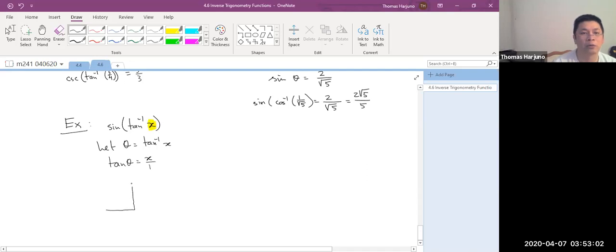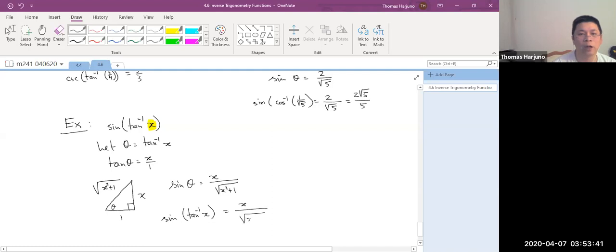Then we draw the right triangle for theta. This is x, this is 1, then this will be square root of x squared plus 1, or 1 plus x squared, either way. Such that sine theta equals x over square root of x squared plus 1. So sine of tangent inverse x equals x over square root of x squared plus 1.